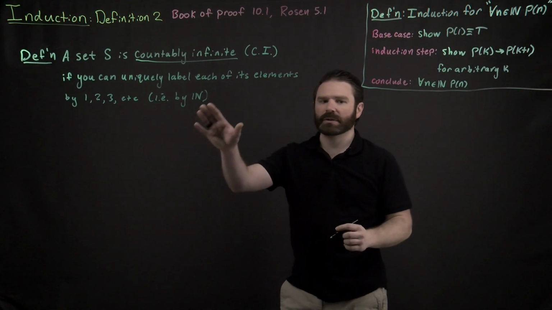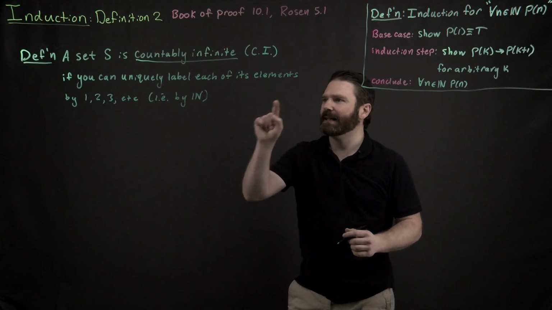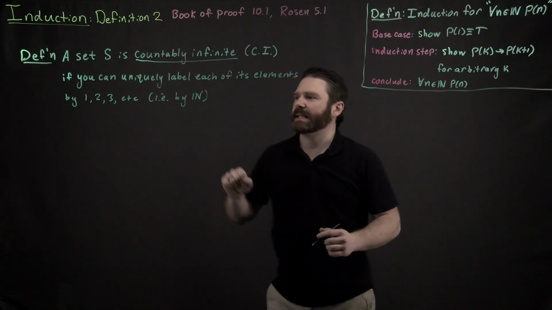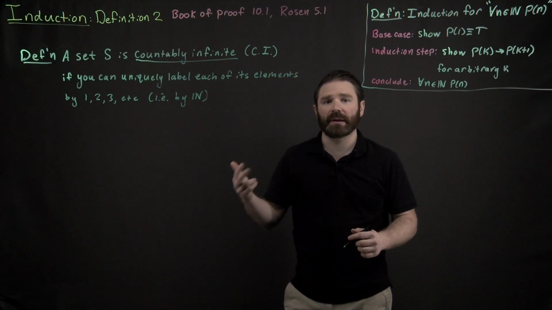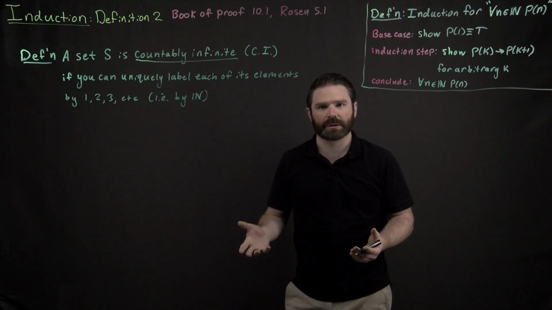A set is countably infinite if we can uniquely label everything in the set by 1, 2, 3, 4, etc., by all the natural numbers.